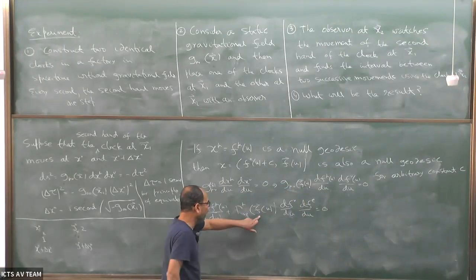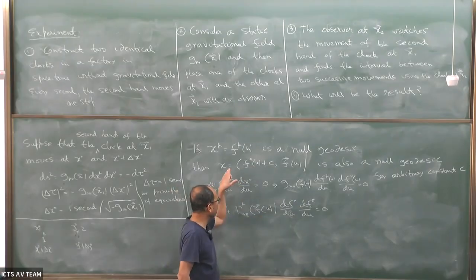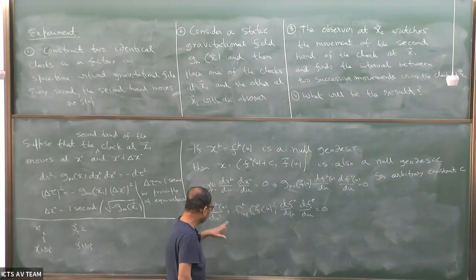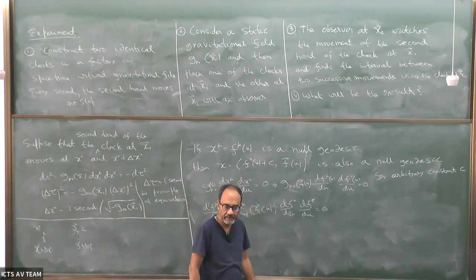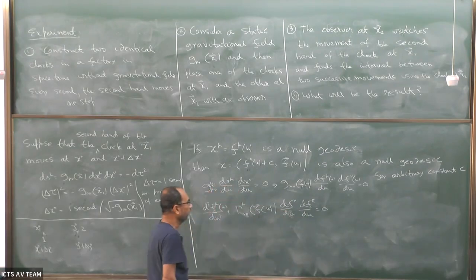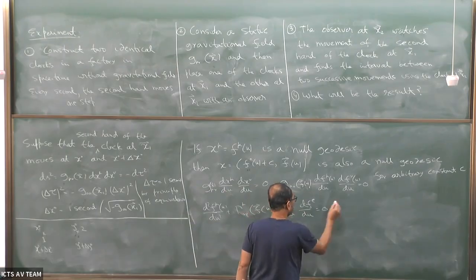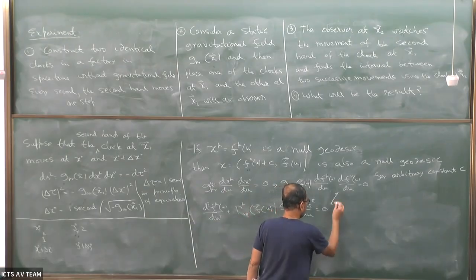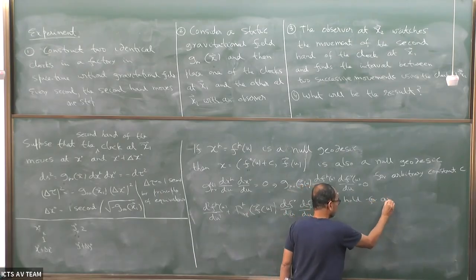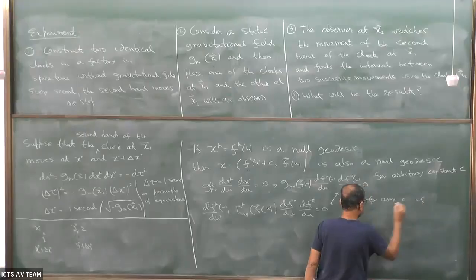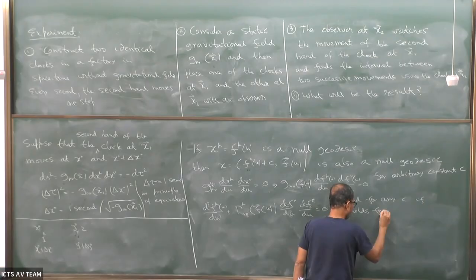So the argument of gamma remains f of u, even when you shift f naught, and these are all derivatives. So under the shift of c, it makes no difference. So both of these equations hold for any c if it holds for c equal to 0.